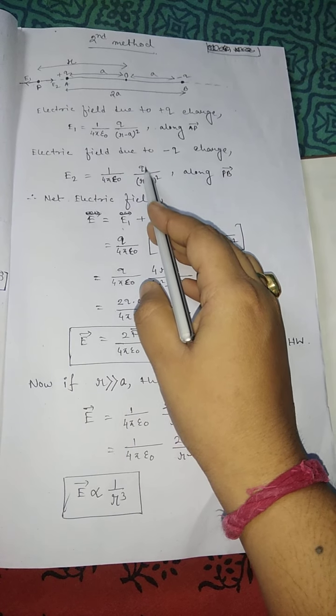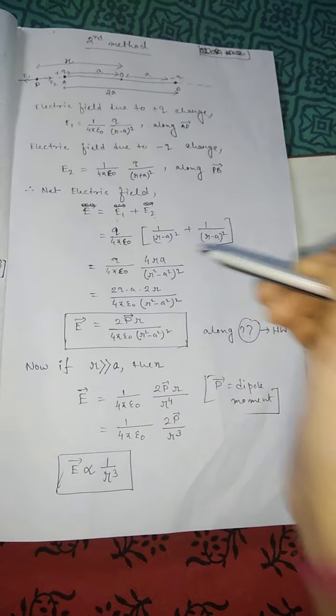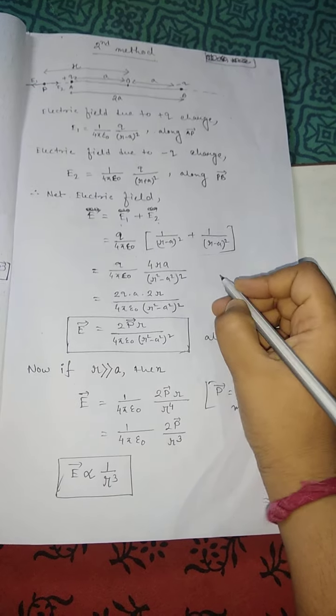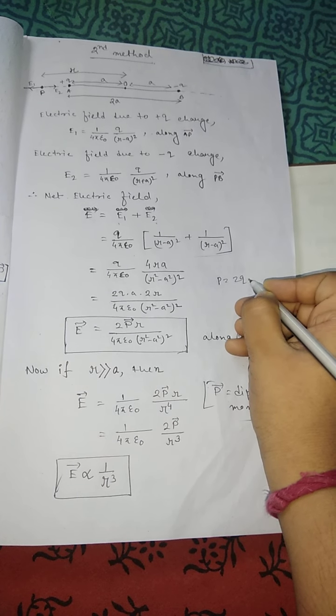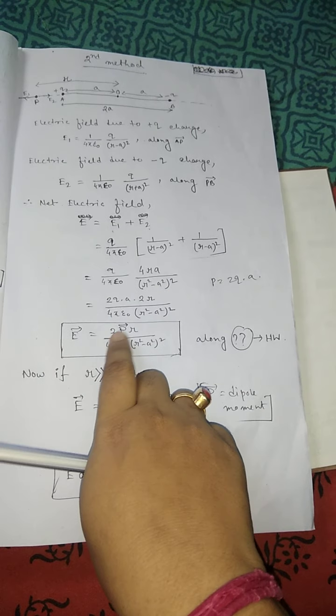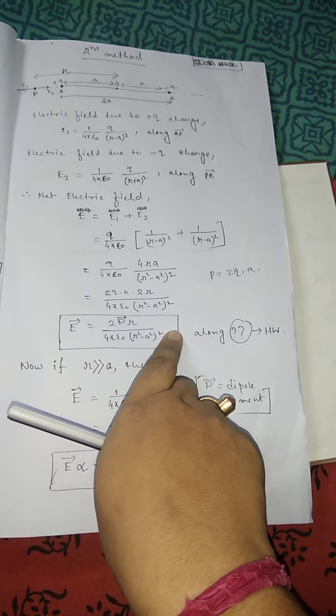So we take common q by 4 pi epsilon naught. If we derive this one, we get 4 into r into a, and the dipole moment P equals 2q into a. So in place of 2qa, we write P. So 2pr by 4 pi epsilon naught times r square minus a square whole square.